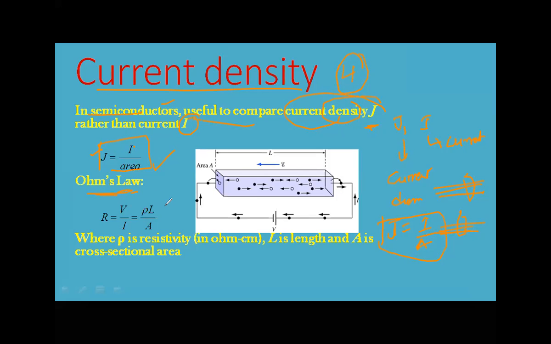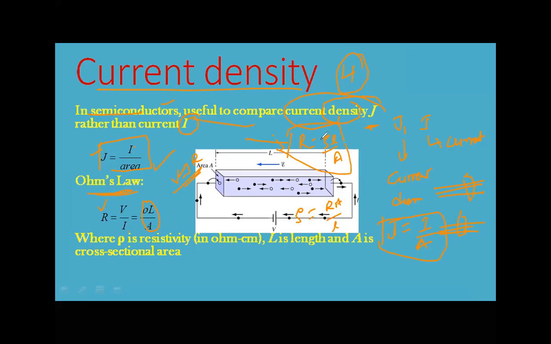According to Ohm's law, we already know that V is equal to IR. From here, R is equal to V by I. We also have another equation, the resistivity-resistance relation we talked about in the previous class: R is equal to rho L by A, or rho is equal to RA by L. This is a very important equation, and in all competitive exams one question comes from here.